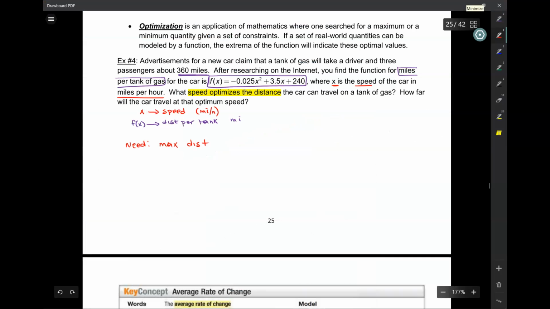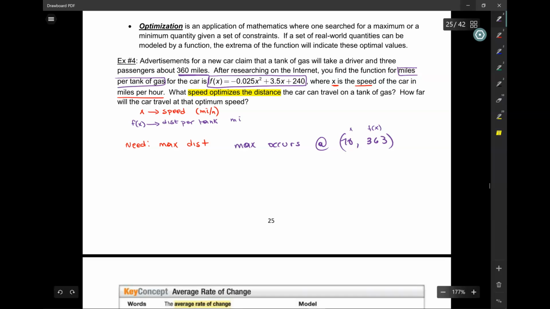So the maximum occurs at 70, 363. Now remember, this is x and f of x. The first value stands for x and the second value stands for f of x.